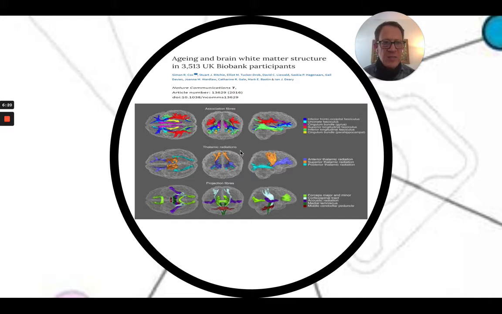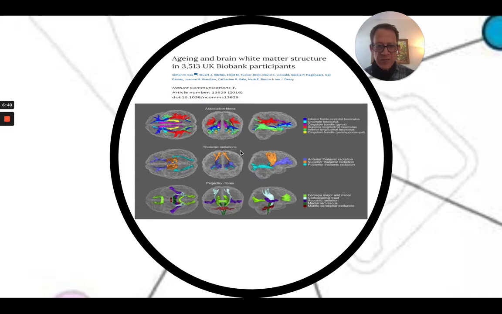There are also thalamic radiations. The thalamus is the sensory relay station of the brain, and there are radiations from the thalamus up to all portions of the cortex, virtually every representation responsible for sensory input of any kind. So that's very critical.